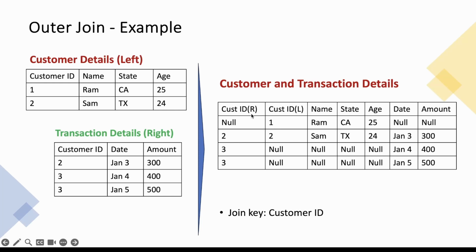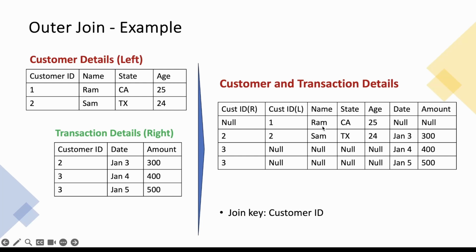So let's get started with the first customer, which is customer ID 1. As you can see, we have details for customer ID 1 in the first table, which is your left table, but you don't have any information pertaining to customer ID 1 in the right table. As you can see, you don't have any customer ID 1 here, and that's why it is null. Similarly, in the customer details section, you do have information for name, state and age.